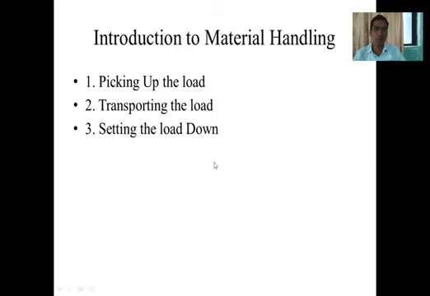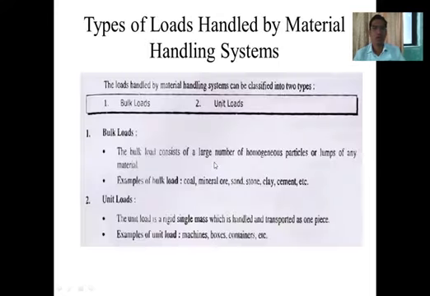Next will be the types of load handled by the material handling systems. This is also a very important point. What are the different types of loads that can be handled using the material handling system or equipment? The loads are classified into two types: bulk loads and unit loads.